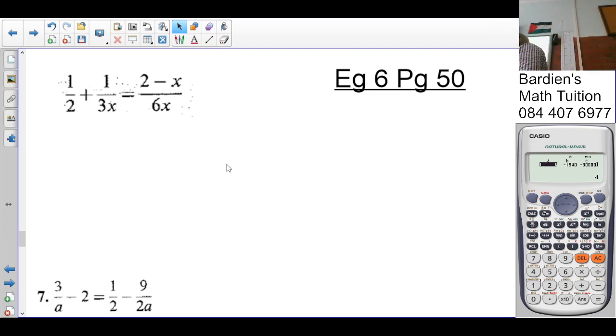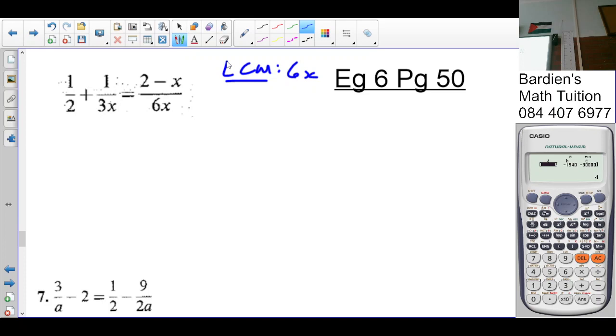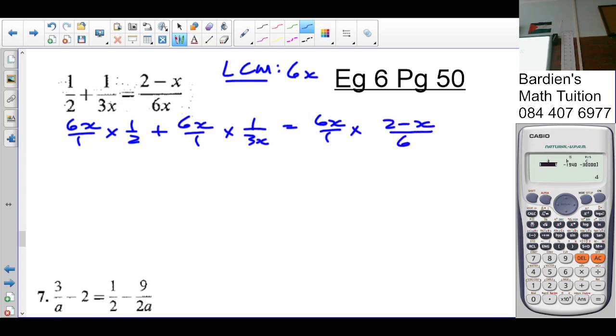Right. Talk to me, girlfriend. Your LCM is 6x. So it's going to be 6x over 1 times 1 over 2, plus 6x over 1 multiplied by 1 over 3x, equals 6x over 1 multiplied by 2 minus x over 6x.